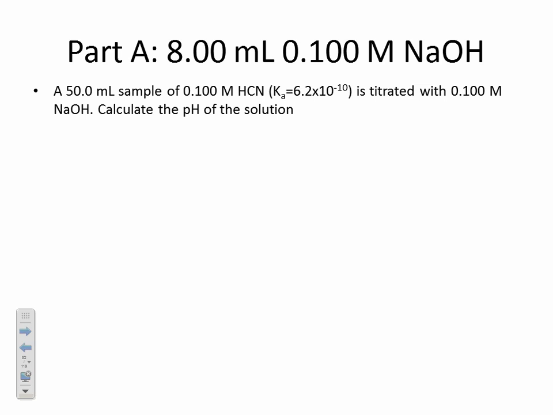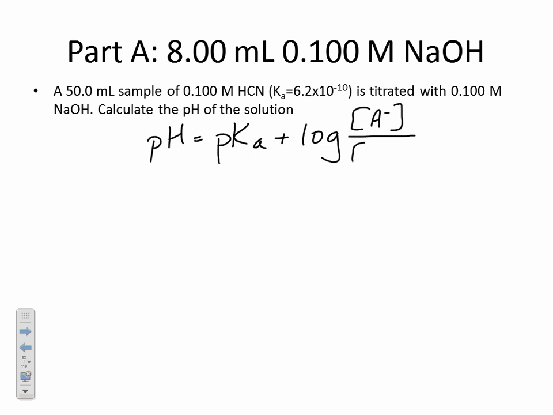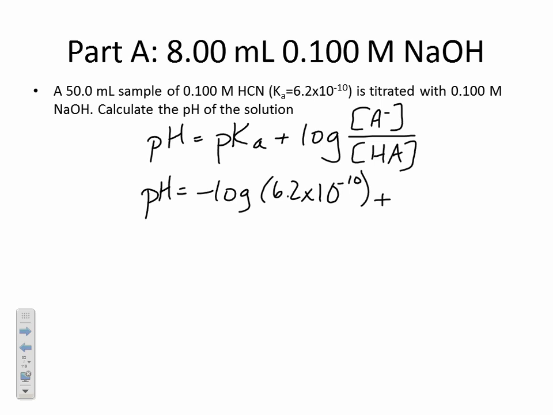I just knew I would need lots of workspace. So I'm going to use the Henderson-Hasselbalch, just writing the formula up here, because we have everything we need. So pH is equal to the negative log of the Ka value, 6.2 times 10 to the minus 10th, plus the log of, and this is going to be the cyanide ion, and this is going to be HCN.